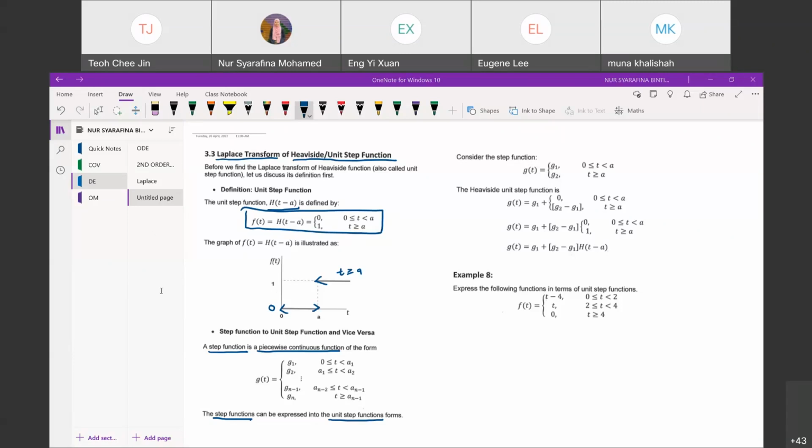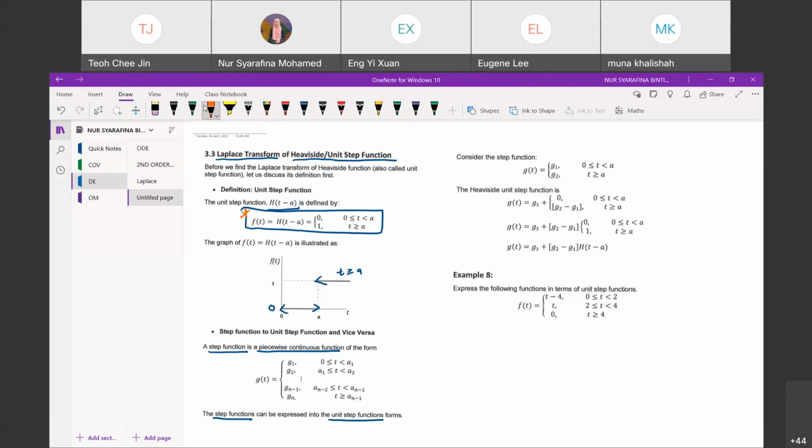Understand, guys? Okay. So now we want to transform a unit step function.